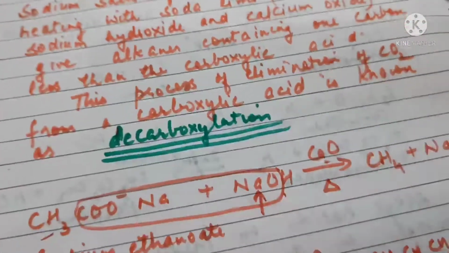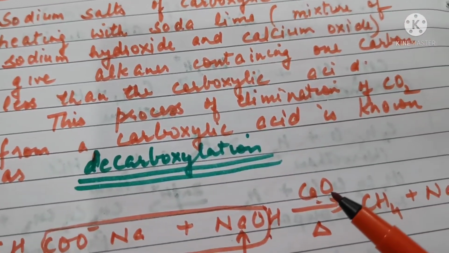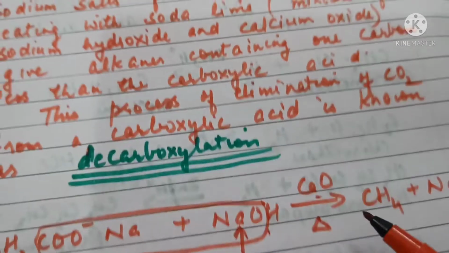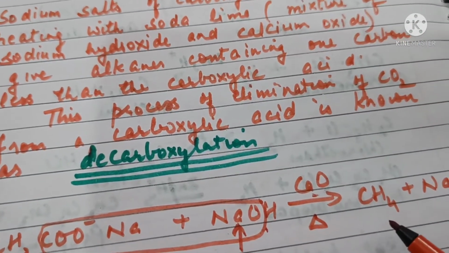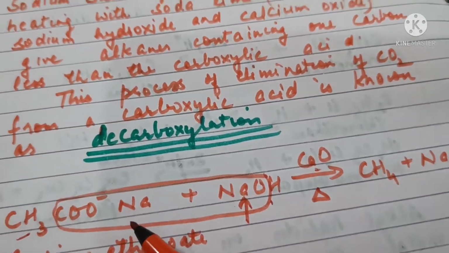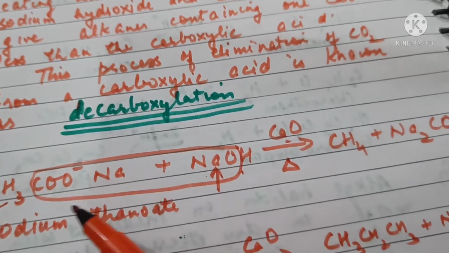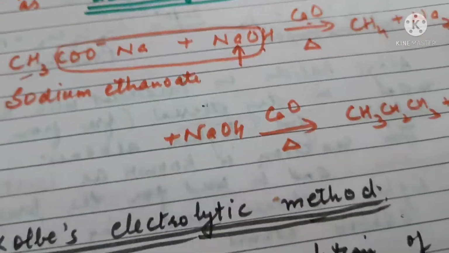So once again, sodium salts of carboxylic acids on heating with soda lime, that is a mixture of sodium hydroxide and calcium oxide, will give alkanes containing one carbon less than the carboxylic acid. And the process of elimination of carbon dioxide is called decarboxylation.